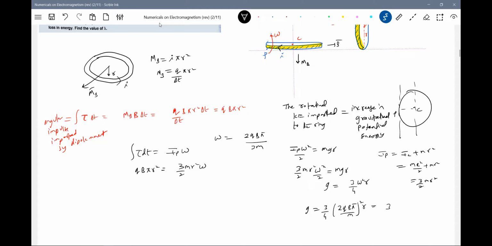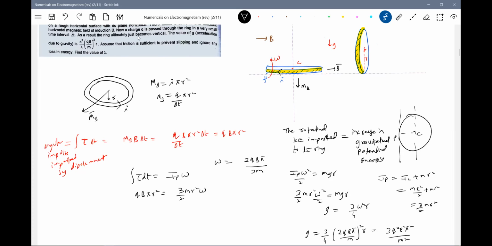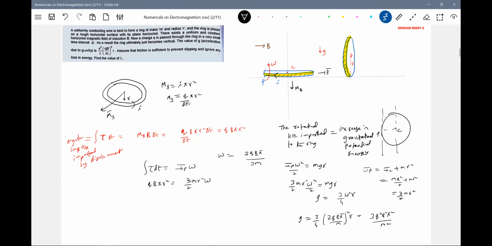The 4 gets cancelled, so it becomes 3 q square b square pi square by m square. The 3 will be there in the denominator of omega, so 3 square, so 3m, into r. Okay, one r.